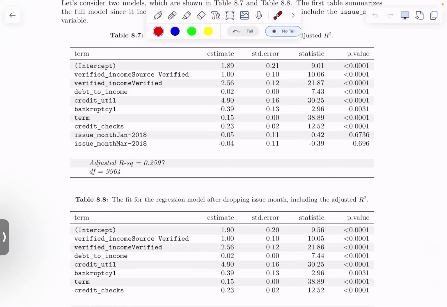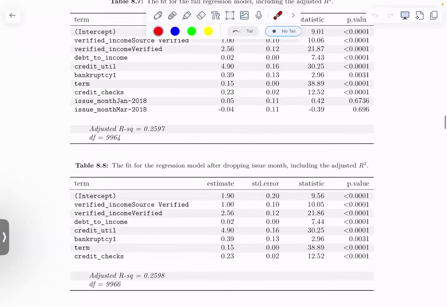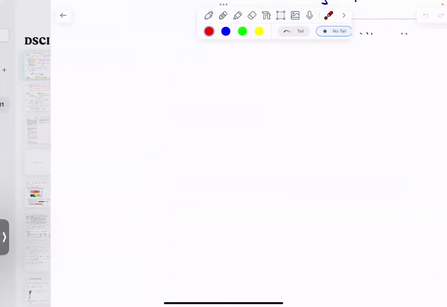The only thing that changed by dropping this one variable is the intercept, which means none of the others absorbed any of that activity. It just got absorbed into the intercept, which is not usually the case. If we remove one, usually they kind of readjust and hold the fort. We'll see that.